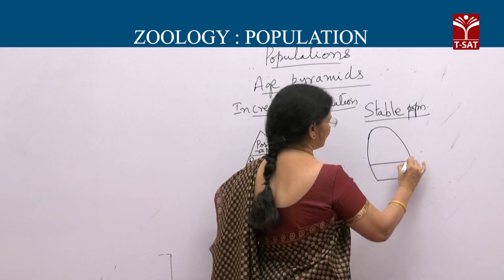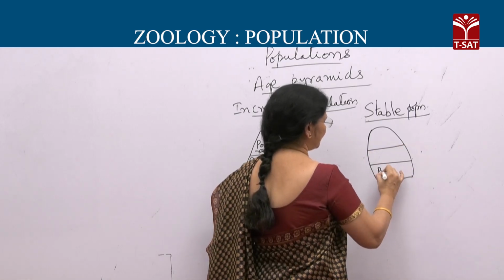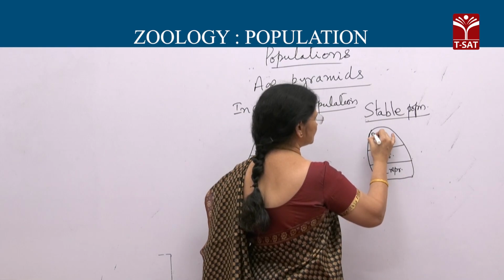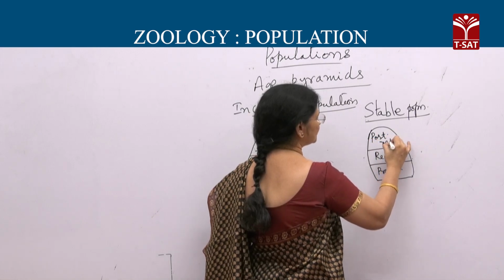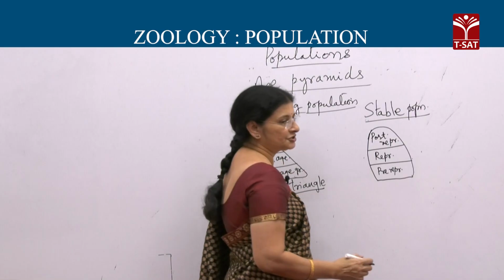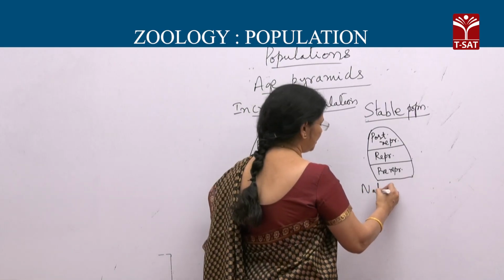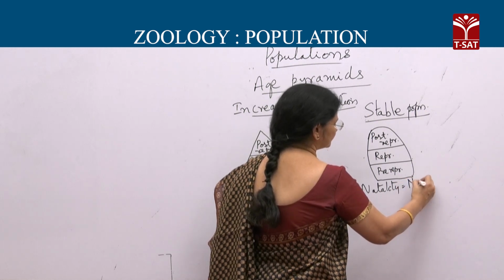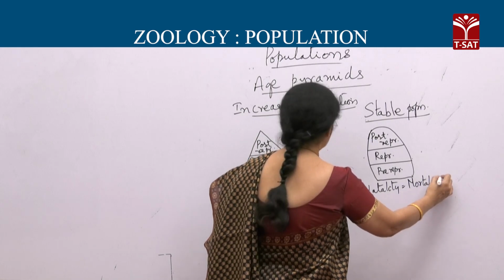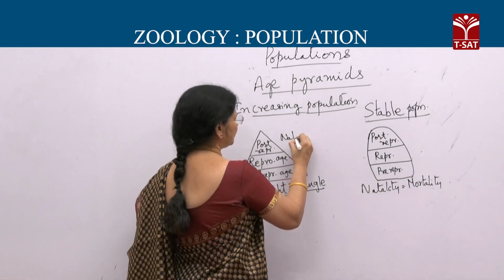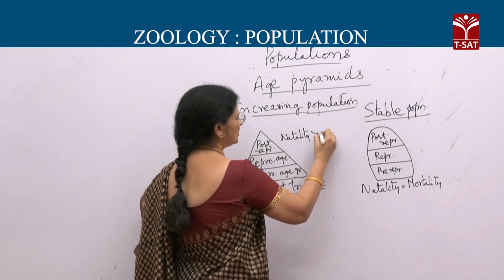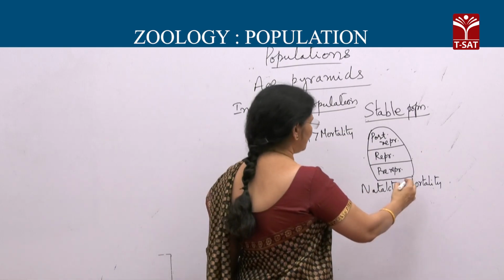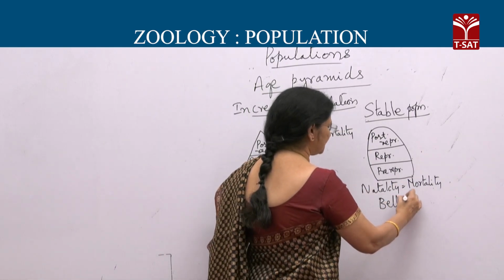The pre-reproductive, reproductive, and post-reproductive age groups are all almost equal. We can say natality is equal to mortality. In a growing population, natality is greater than mortality. So for a stable population you will find a bell-shaped pyramid.